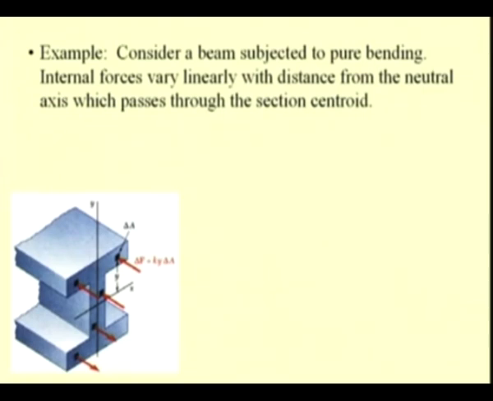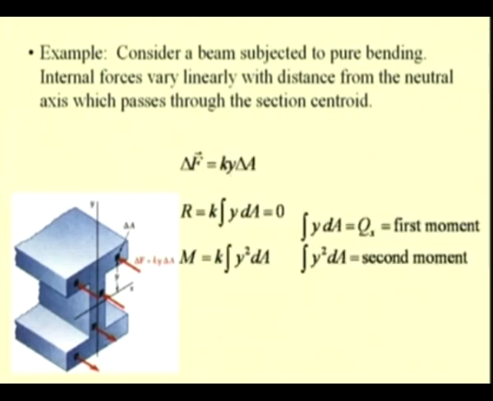These forces have a magnitude which is proportional to the distance from the axis. So, we have delta F equal to k, some constant of proportionality, times y times delta A. So, the force in these elements is proportional to the distance y.